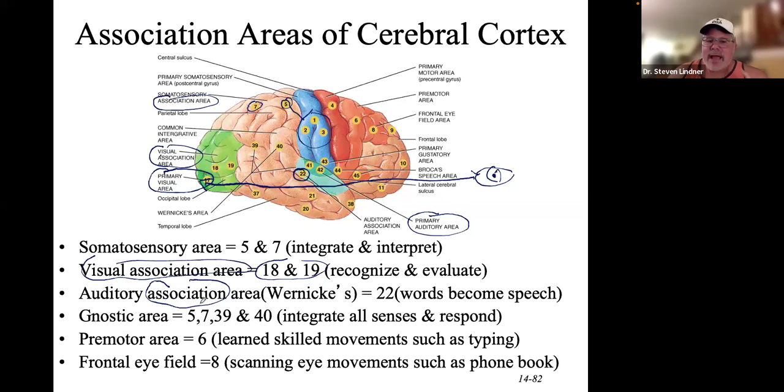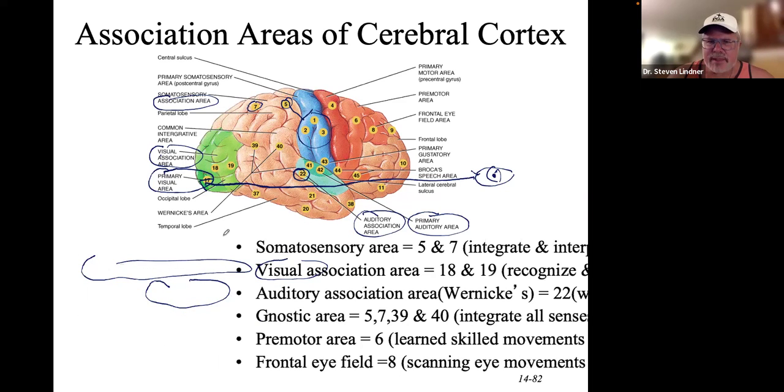But it allows you to hear a voice or hear a sound. But now it's going to relay it to a different area, to an association area, and you can go, oh, yeah, I recognize that song. I know who that singer is. Okay, so that's what these association areas are. You don't have to memorize these numbers by any means.